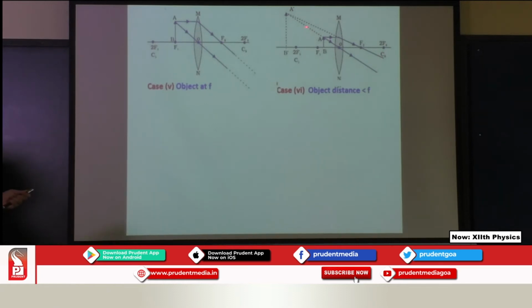So, we need to produce them backward, and here is where the image is formed. This particular image is formed on the same side as the object, and it is going to be virtual and highly magnified. So, keep these two things in mind, students, because I will be using this when we will be learning about the optical instruments.